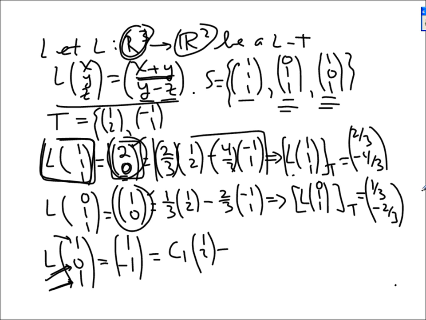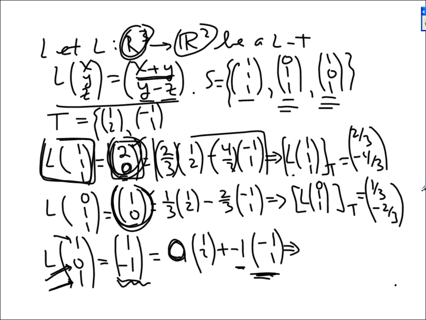A multiple of 1, 2 plus a multiple of negative 1, 1. The 1, negative 1 might not be a multiple of what we got before, but it's a multiple of 1, negative 1. If I multiply this vector by negative 1, I get what I want. That is, let C1 be 0. Okay, so that one's done.